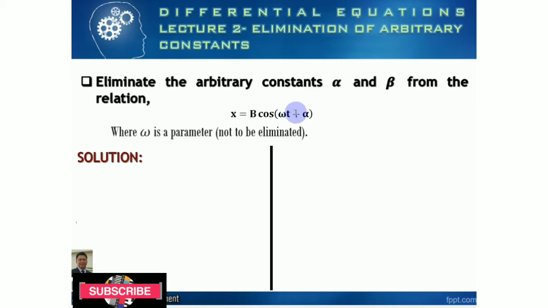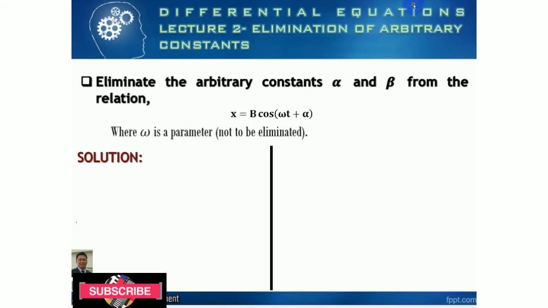We take the first derivative and then the second derivative, and afterwards we can substitute and arrive at the answer without these arbitrary constants alpha and beta.